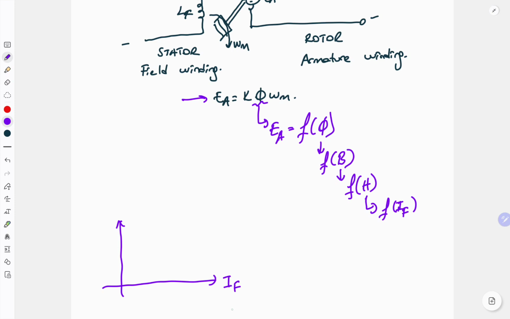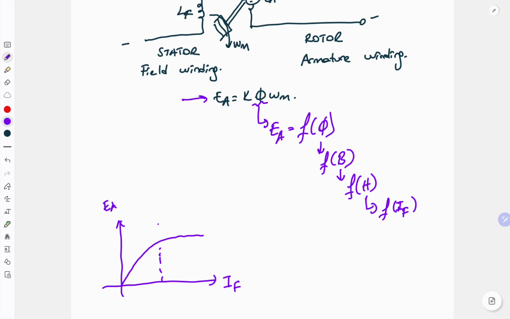With respect to IF, the EA variation will start with the linear part. Then after the knee, we have nearly constant values for EA. Until the knee, if we increase IF step by step, we have a linear variation, and the increment values will be the same.